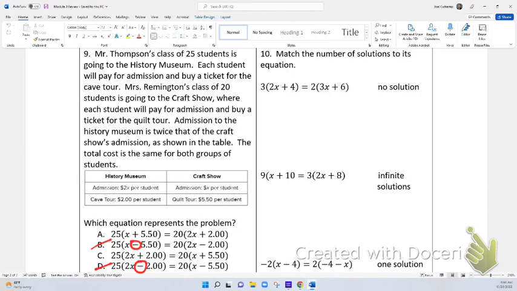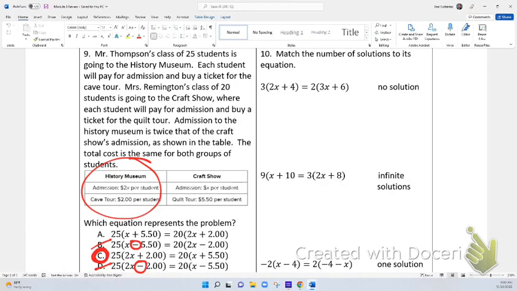So when we are just looking at the History Museum, it's not $5.50, it's $2 per student, and the only one that would work is going to be letter C. I don't even need to look at anything else, simply because I was just taking a look at the History Museum, and the only one that works for that equation is letter C.